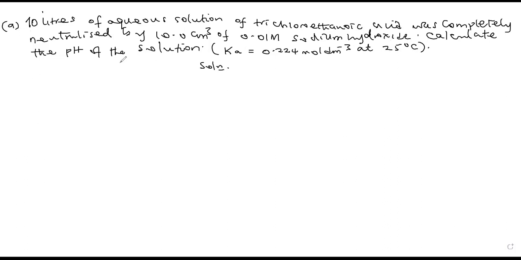But after we have attempted this, now they are telling us that 10 liters of this aqueous solution of trichloroethanoic acid was completely neutralized by 10 cubic centimeters of 0.01 molar sodium hydroxide solution. They want us to calculate the pH. Now, ladies and gentlemen, listen.